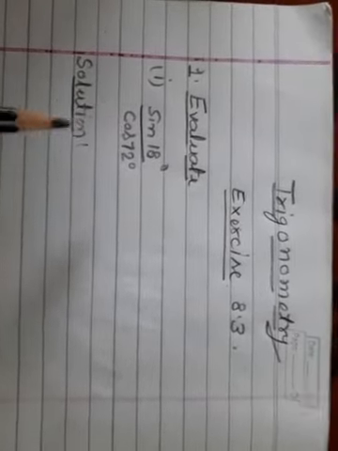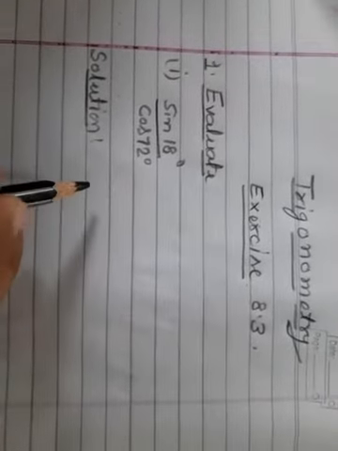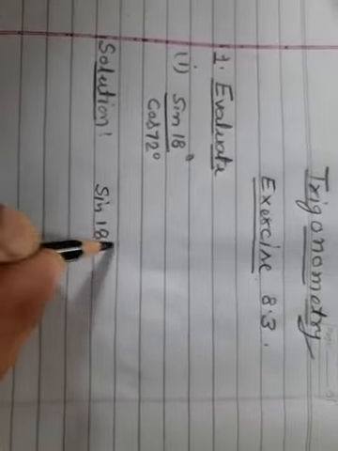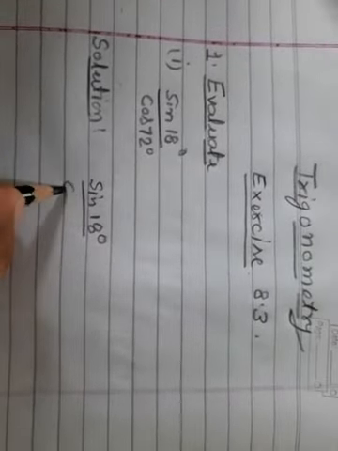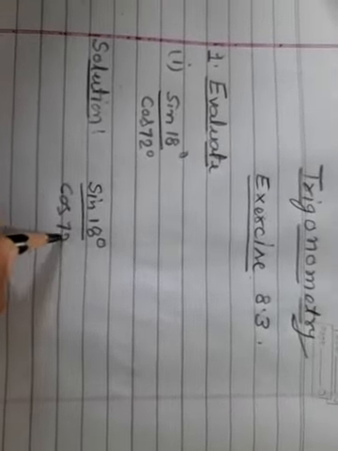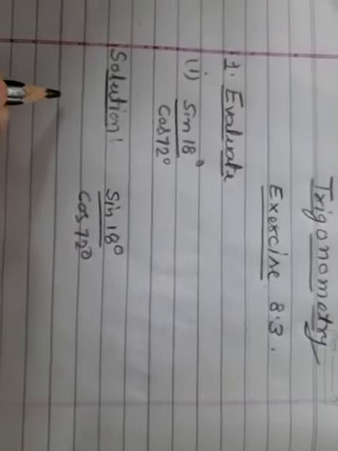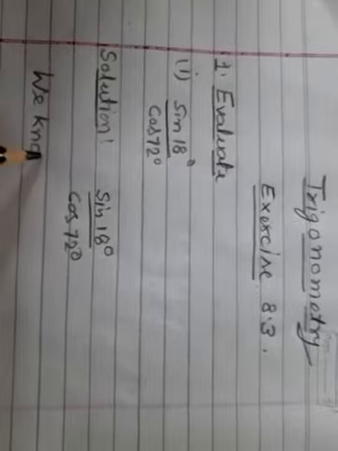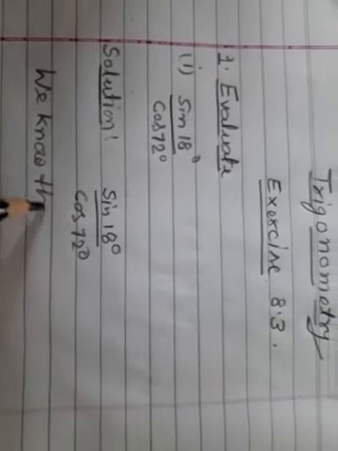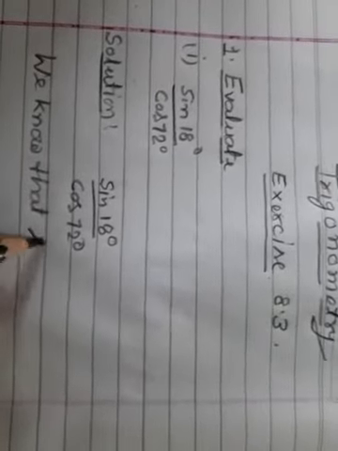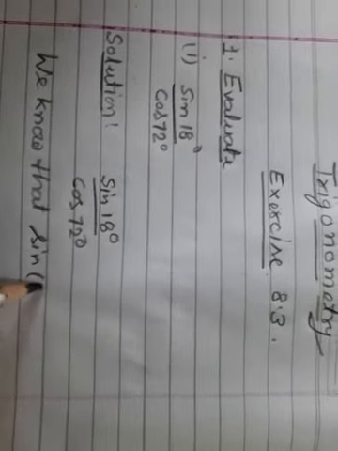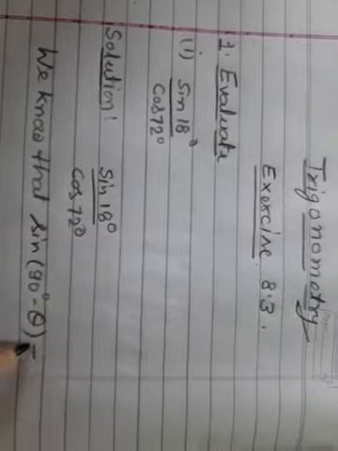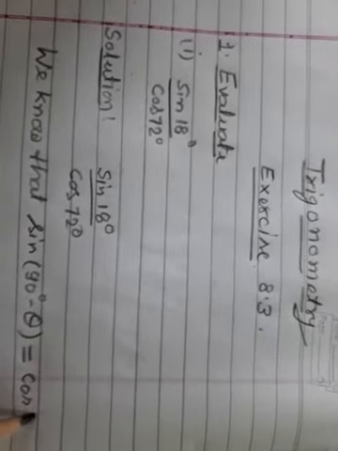We know that sine of (90 minus theta) is equal to cos theta.